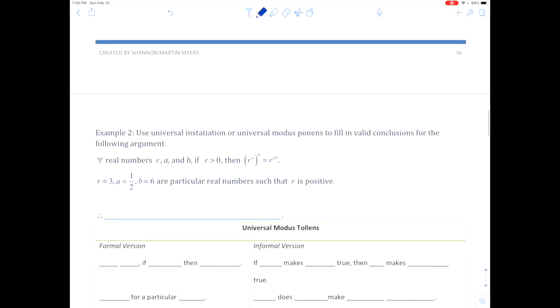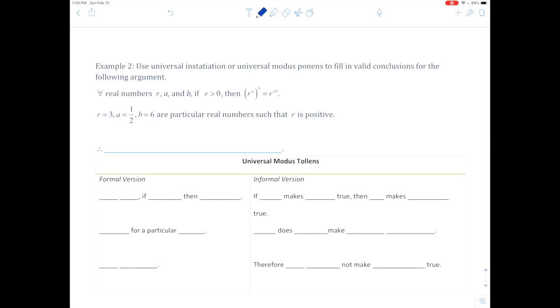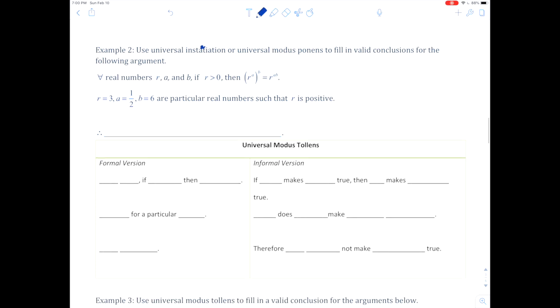Now, let's check out example 2. Use universal instantiation, or universal modus ponens, to fill in valid conclusions for the following argument. For any real numbers r, a, and b, if r is greater than 0, then the quantity r to the a, raised to the b, is equal to r raised to the a times b. So that's the first statement of the argument. Remember, what was that called? That was called the major premise.